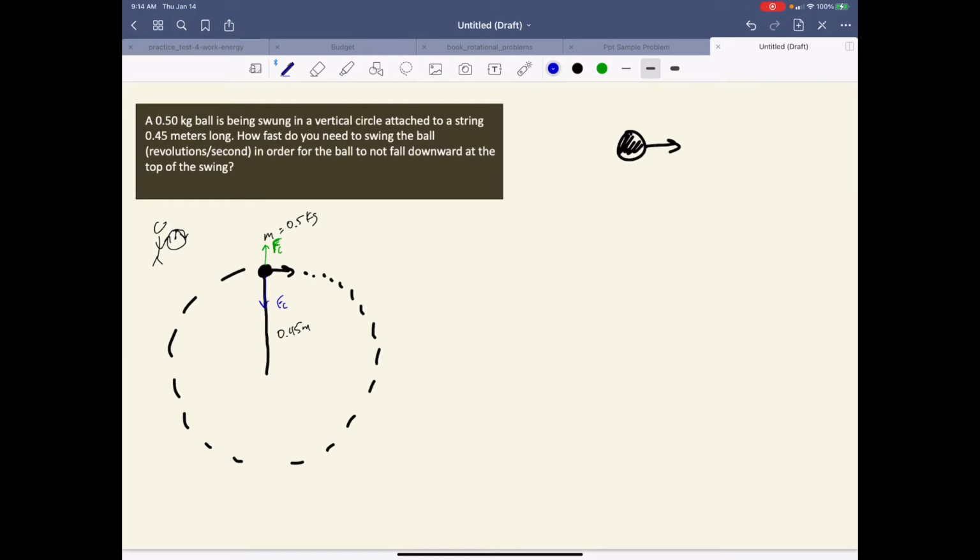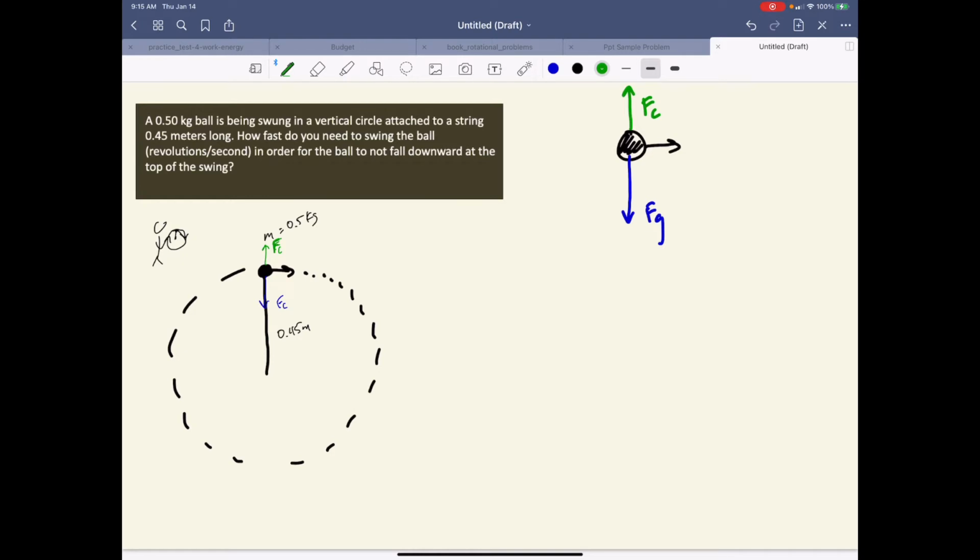Well, there are two things going on here. One is gravity is trying to pull this ball downward. And we need to spin this thing so fast that this centrifugal force, the fake force, is going to counteract gravity. So we need to set these two forces equal.